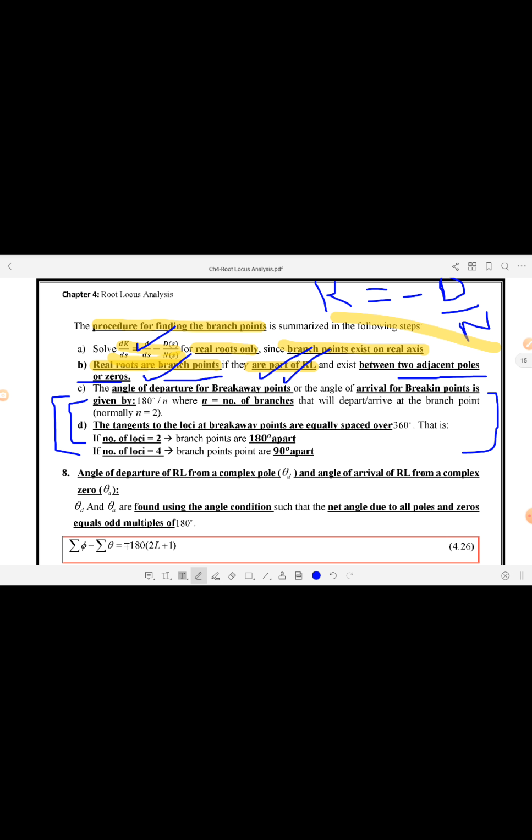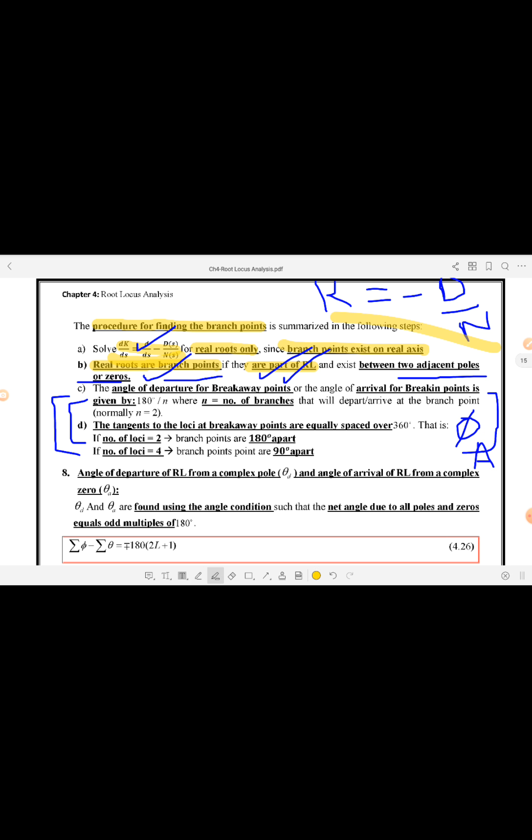The calculation of the initial angle of departure from the real axis, and the angles between all branches that will meet, is similar to what we have done in the asymptotes, the angle that we called phi a.